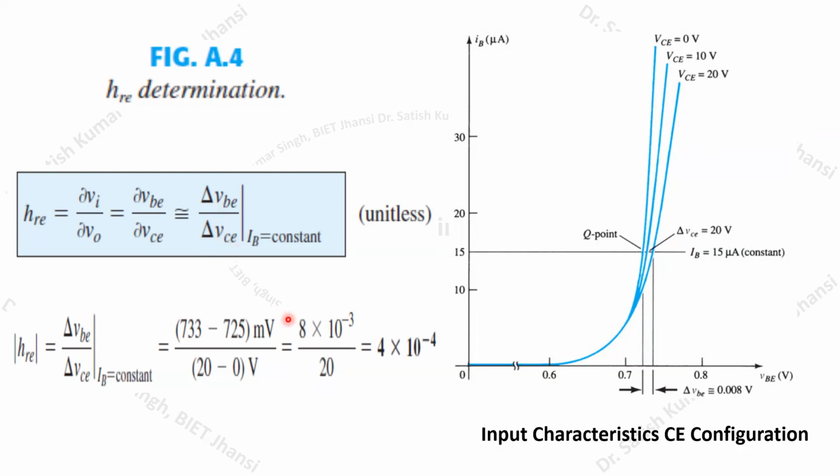Here we have the family of curves. Once you drop this line, it will cut the curve at two different points. From these curves, you have to calculate delta VCE. Let us say this corresponds to VCE equals 0, and this corresponds to VCE equals 20 volt. So this delta VCE will become 20 volt.